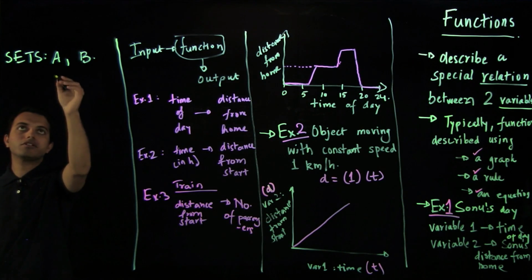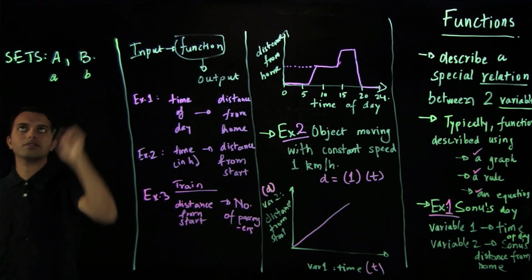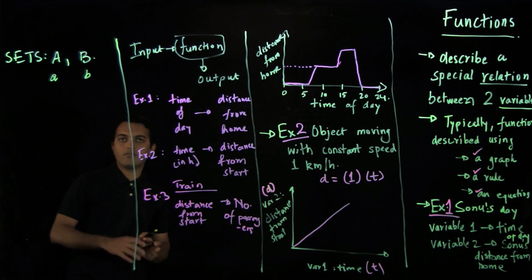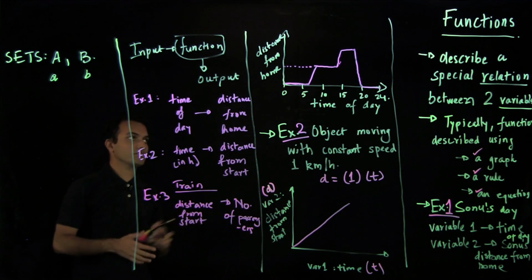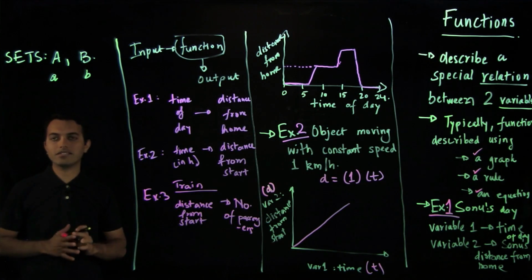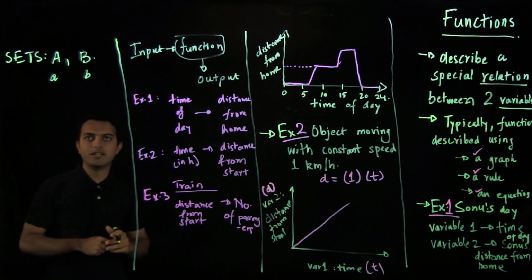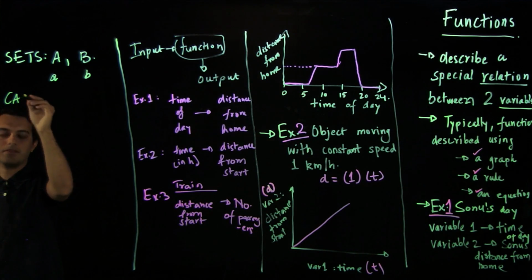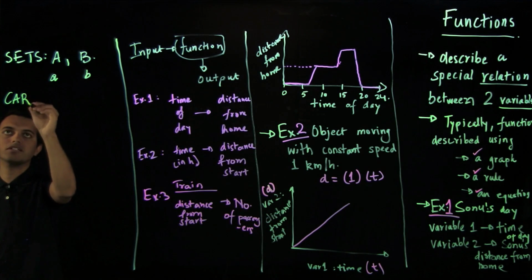Let's say we denote elements of A by small a, and elements of B by small b. Once we have these sets, we have variables from these sets, and whenever there is any relationship between these variables, we can define them using certain mathematical constructs. One construct is the Cartesian product of two sets.